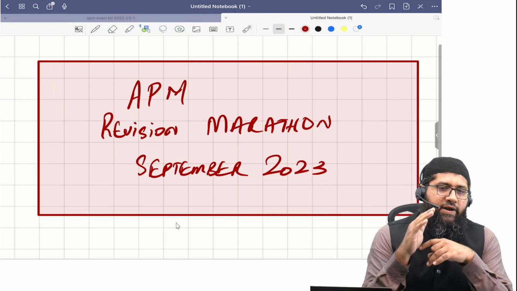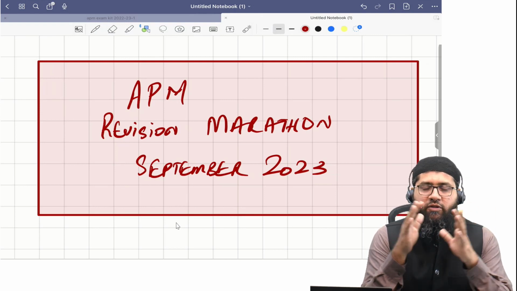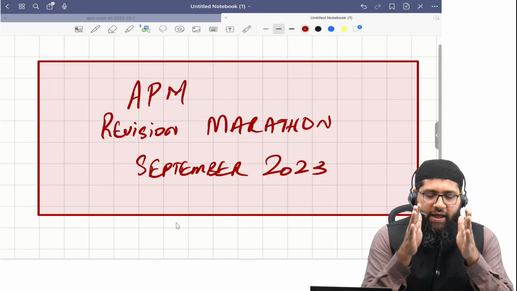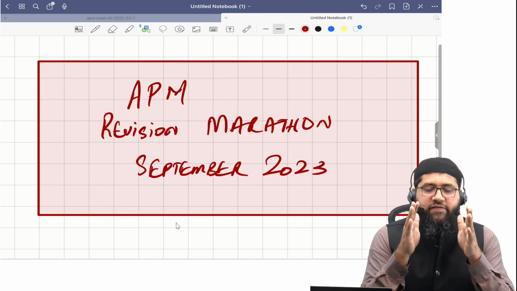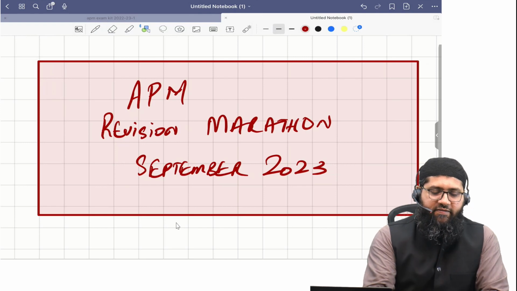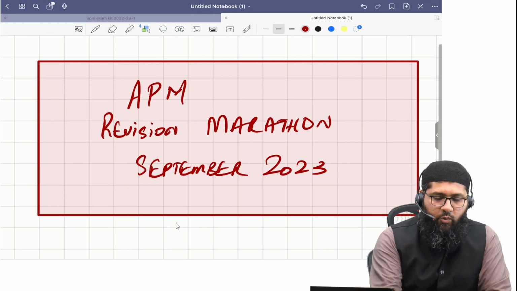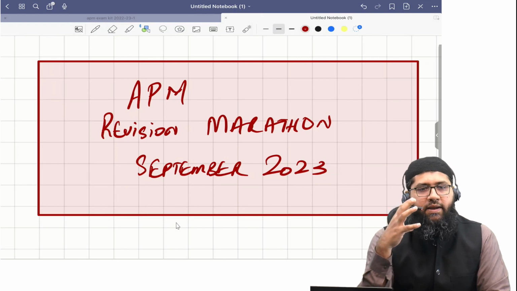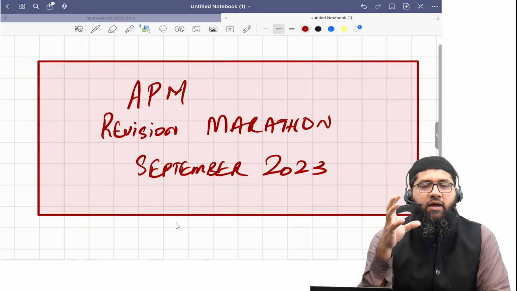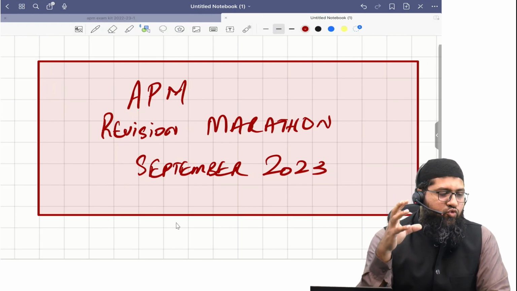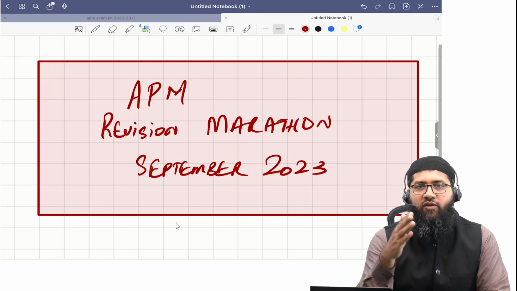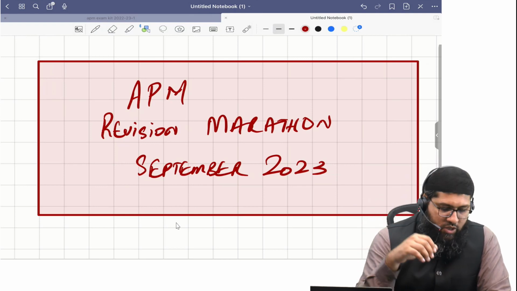So I have planned the session like this: I would be discussing the different types of examination question requirements that usually arise, going through the different types of scenarios. I would help you understand the examiner's expectation and what you should be doing as a student to write things like that. That's what I would be doing in today's session.